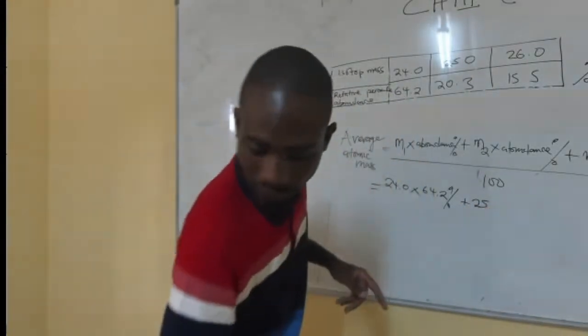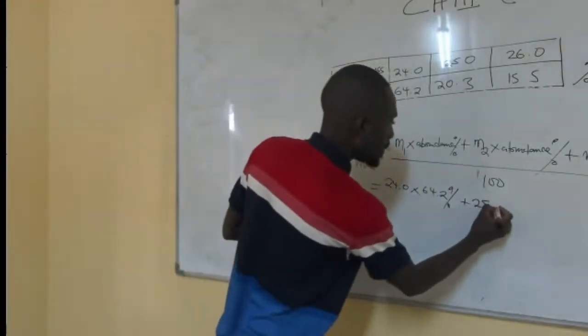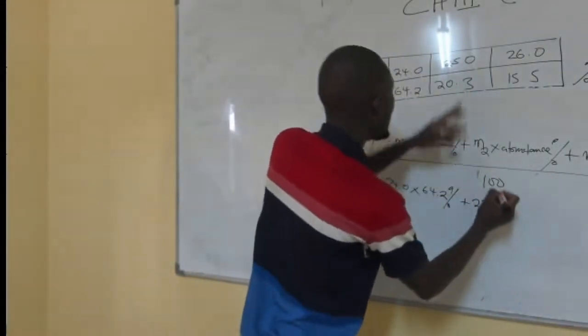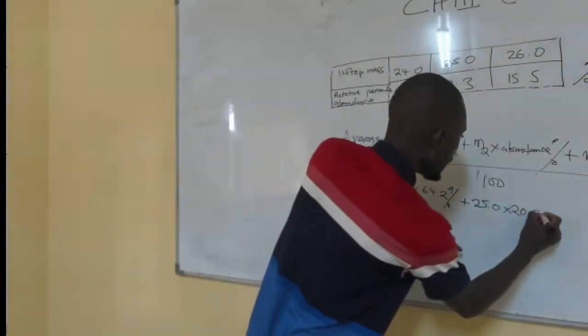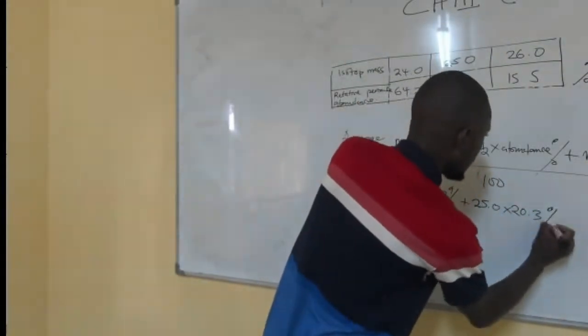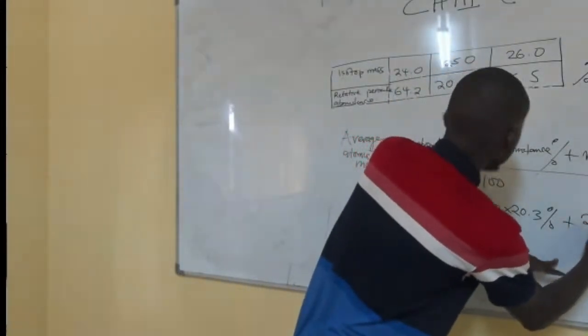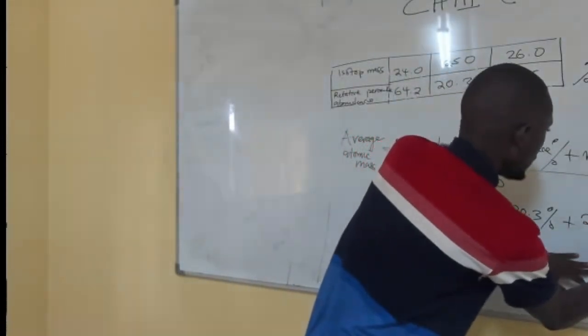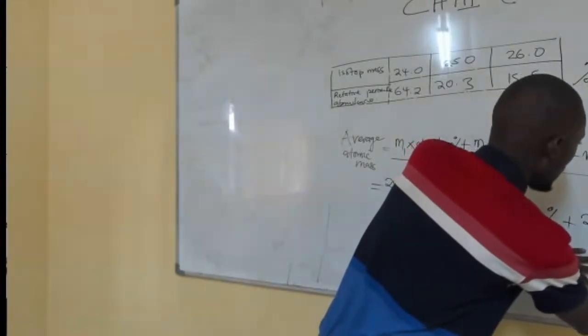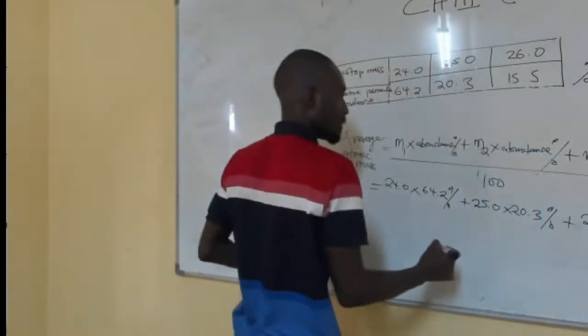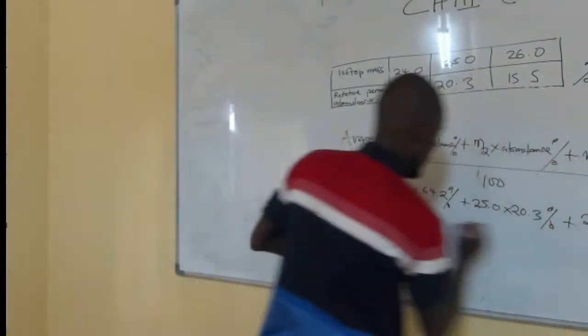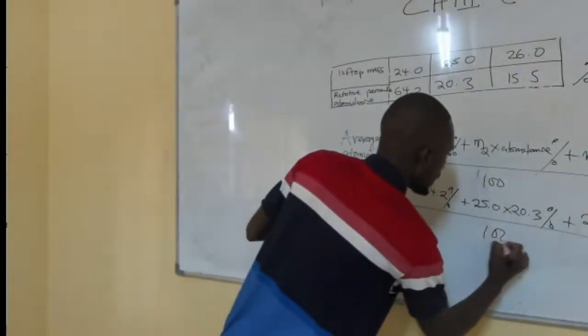Then, of course, plus M2, which is 25, isn't it? 25.0 times the abundance, which is 20.3% plus M3, you know it is 26.0 times 15.5, of course, percentage over 100.